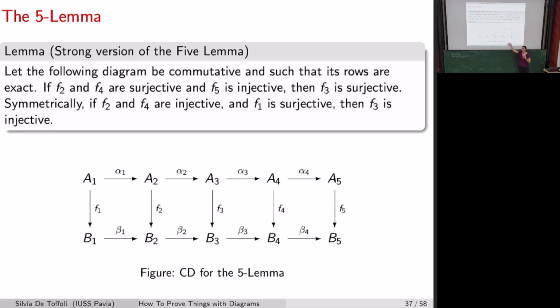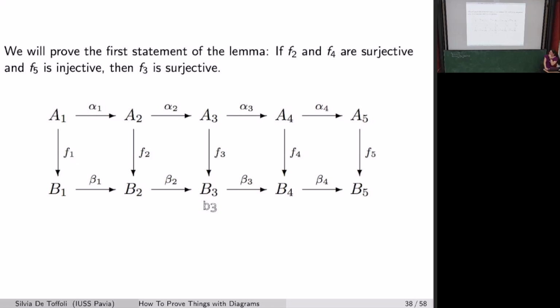In fact, these techniques are called diagram chasing. It seems to suggest that a diagram is involved, that you need a diagram to do diagram chasing. Okay, just very quickly.